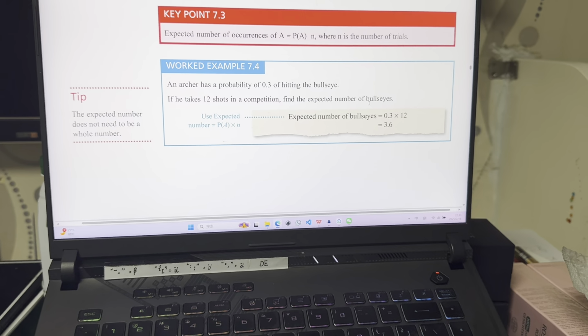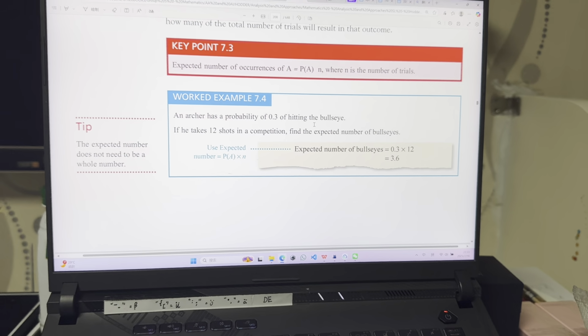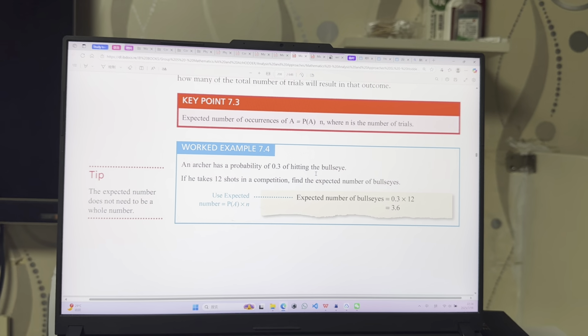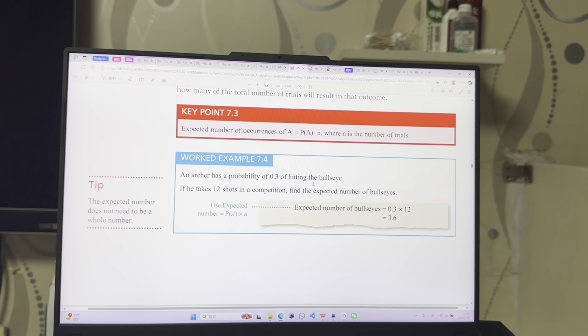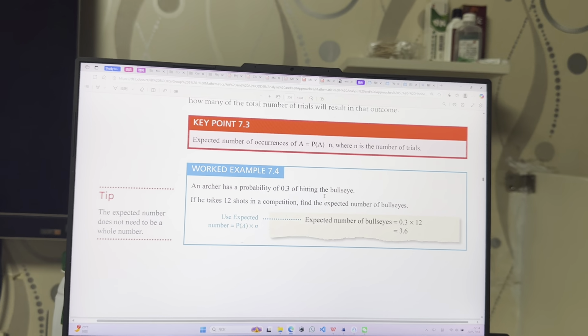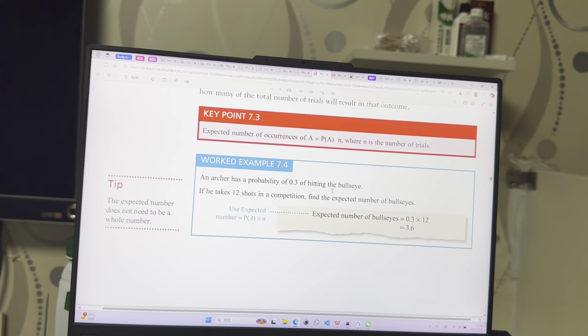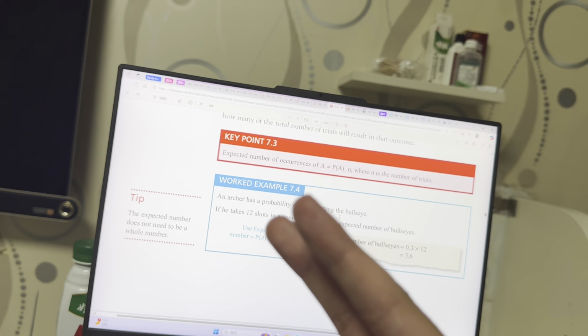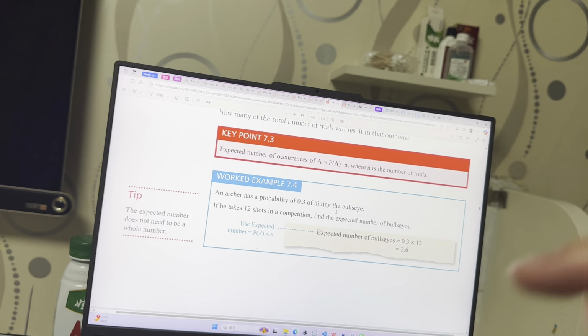Here's an example with a die. If we roll a die 120 times, what is the expected number of occurrences if the outcome is a prime number? We know the probability of a prime number when we roll a die is 1/2, and we roll 120 times.